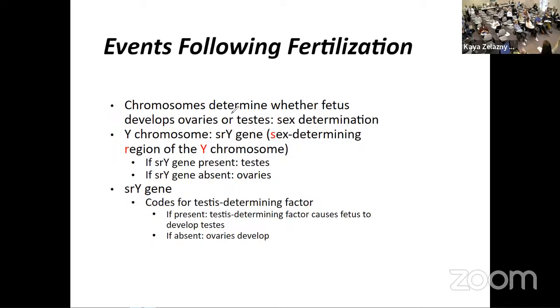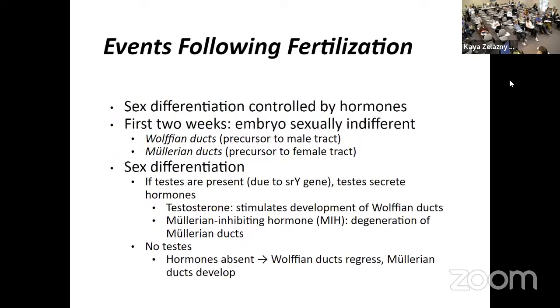This is where some of our variation in biology comes from. Sex differentiation is controlled by hormones, and it starts with these beginning signals from the genes. We have that SRY gene and testis determining factor determining whether you're producing testes or not, and then those testes are where a lot of androgens come from and move us forward.